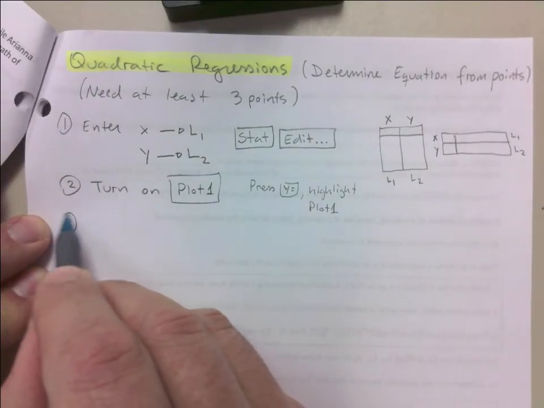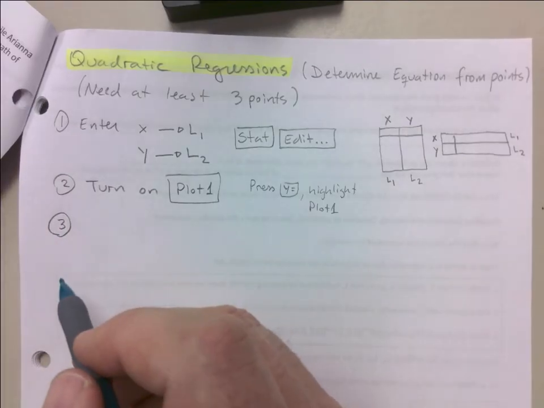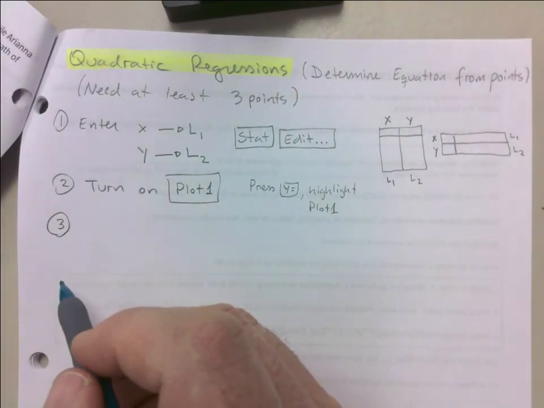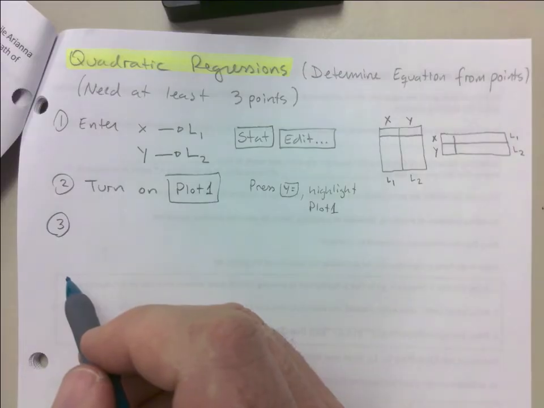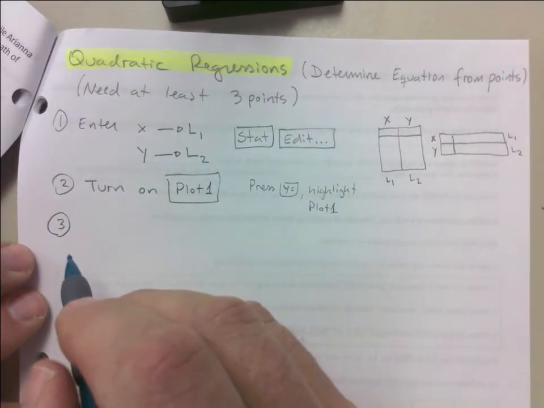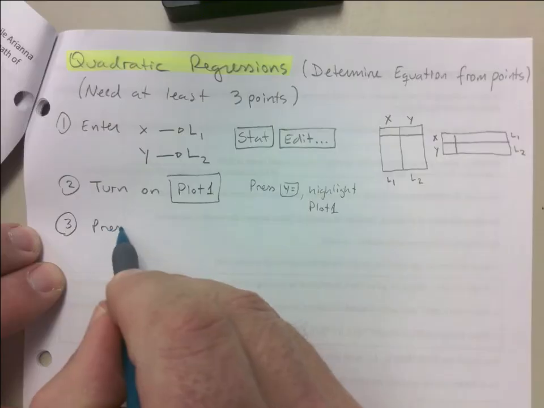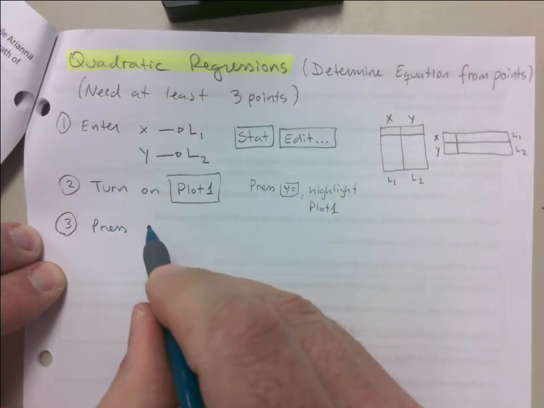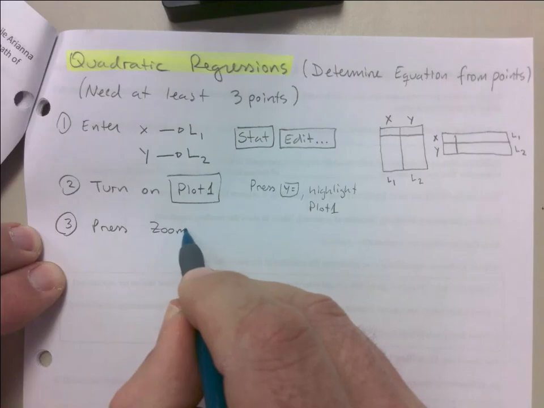Step 3. I'm telling you there are a lot of steps, guys, okay? But after a while, it's just going to be so natural, you're not even going to think about them anymore. Step 3 is press zoom. Right?